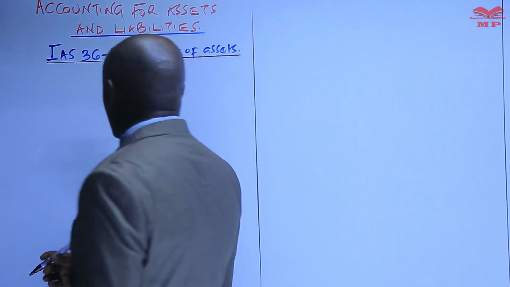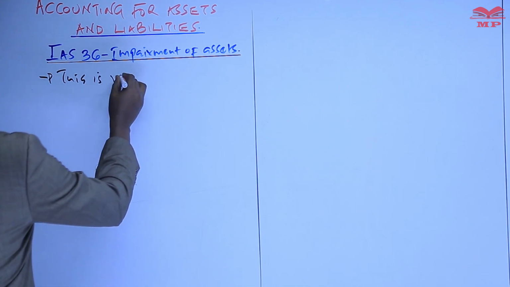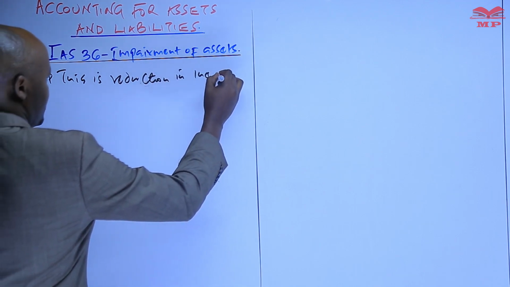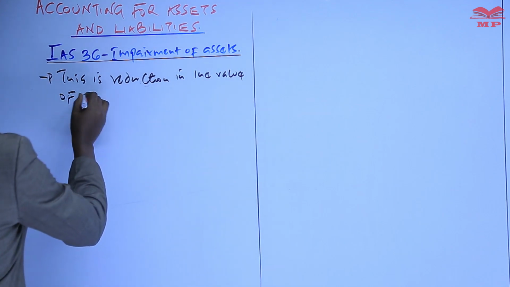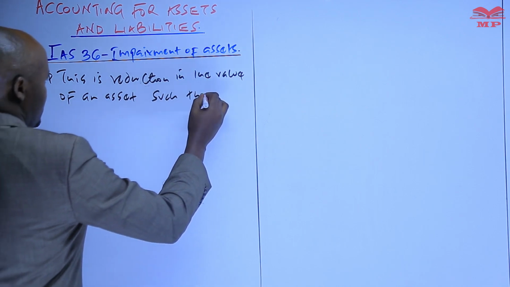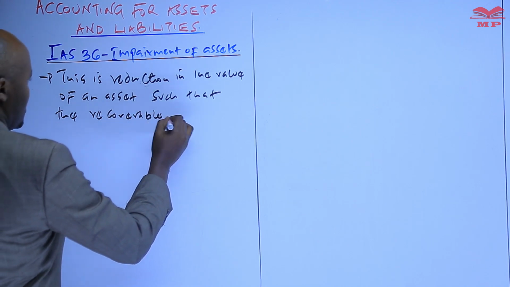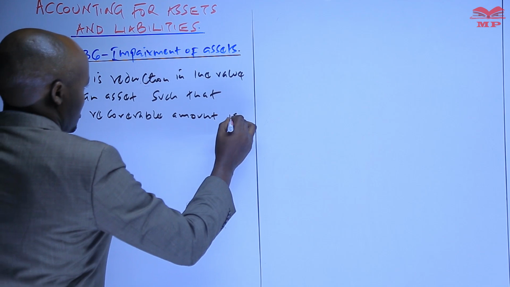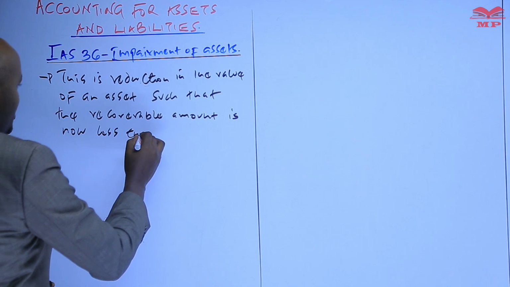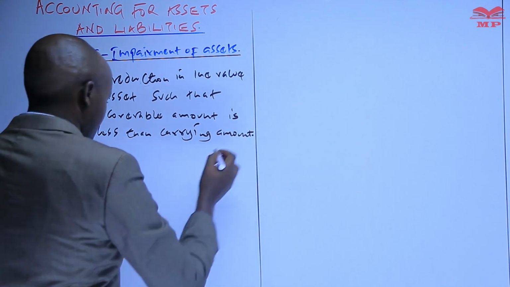So therefore we can start by defining impairment of an asset, and we can say that this is a reduction in the value of an asset such that the recoverable amount is now less than the carrying amount.